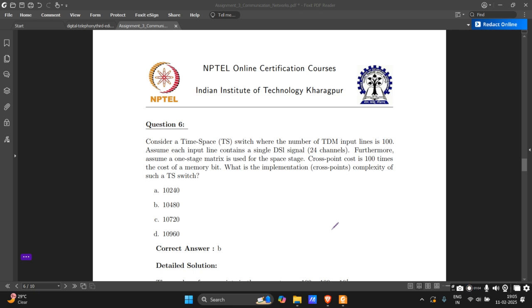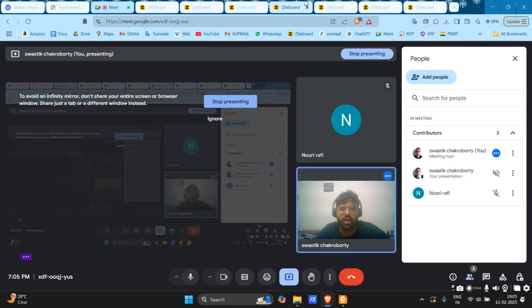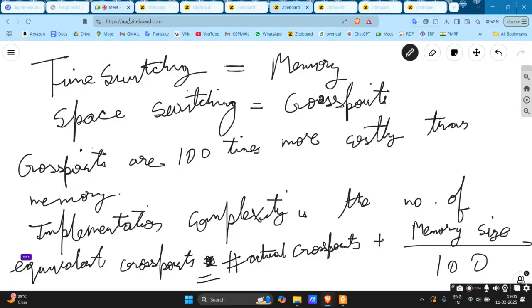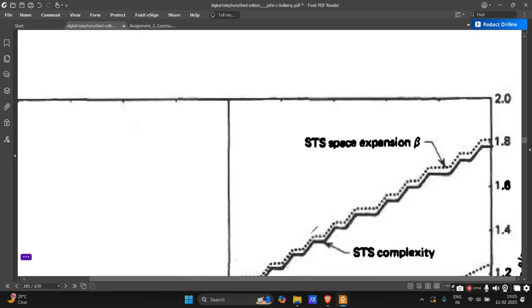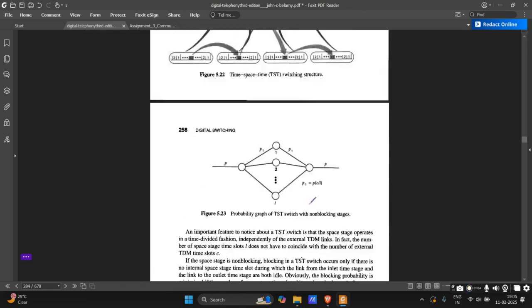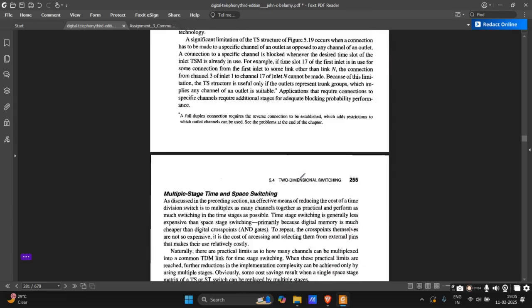So in this time space switch, you just have to find the implementation complexity. Here we have to just follow the part on time space switch implementation complexity, like we have discussed.